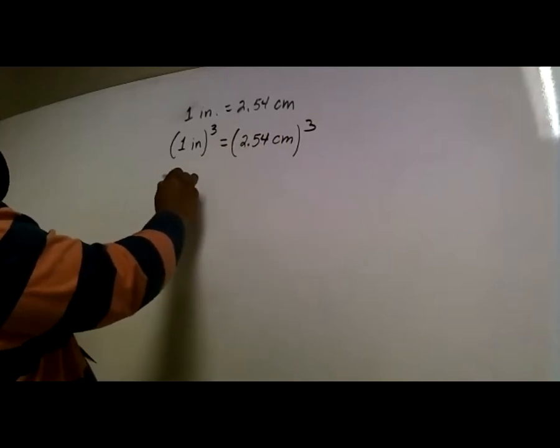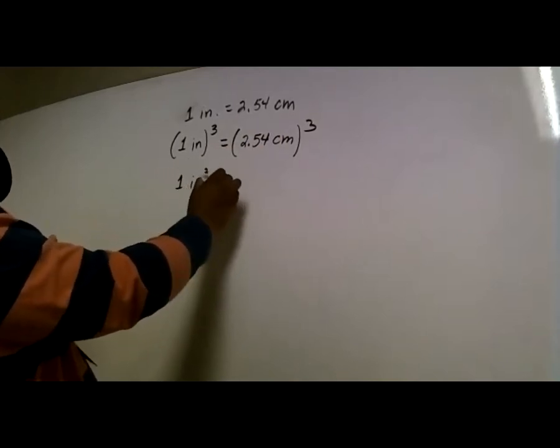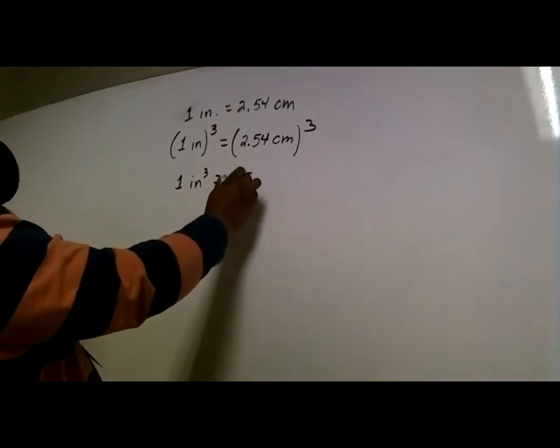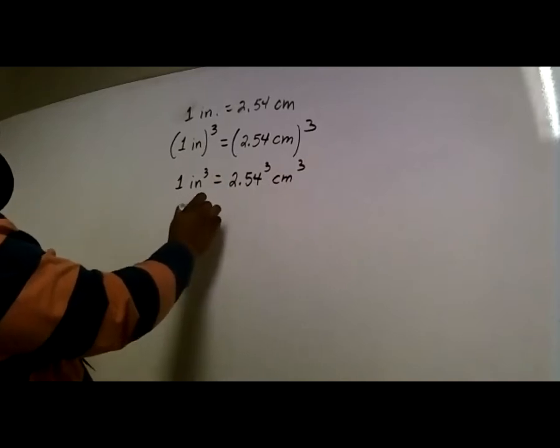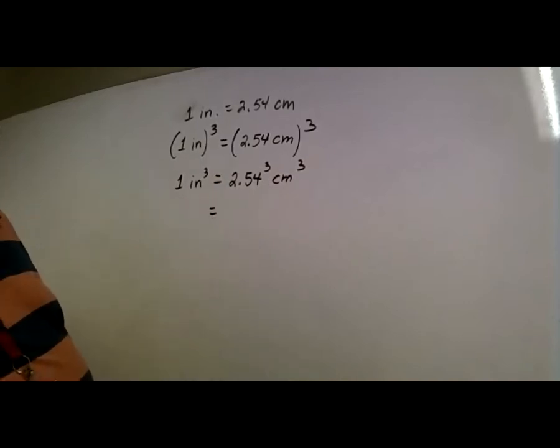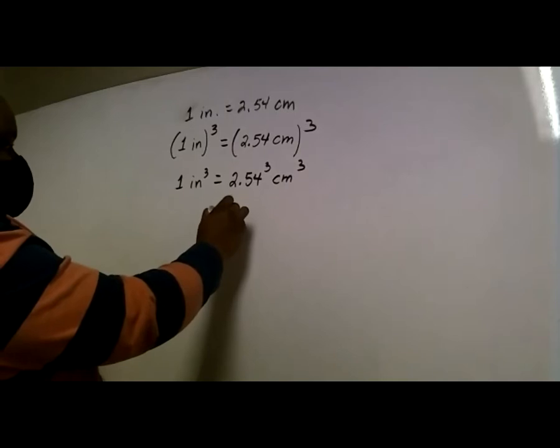So here, 1 cubic inch, we take 2.54 and cube that, and we take the centimeters and cube that as well. And we come up with approximately 16.4.